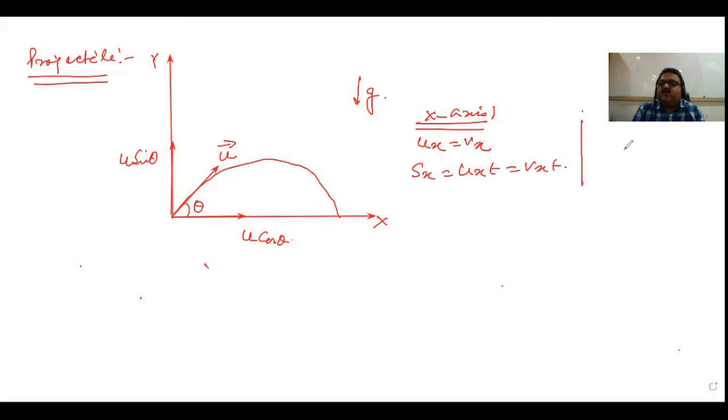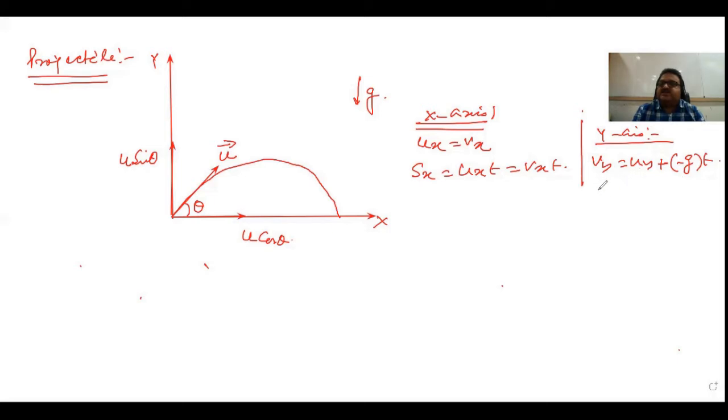Now, for motion along y-axis, what do we do? We have to apply this formula. Look, vy equal to uy plus minus g into t. Why? Because g always acts downward, correct? Whether it is going up or down.